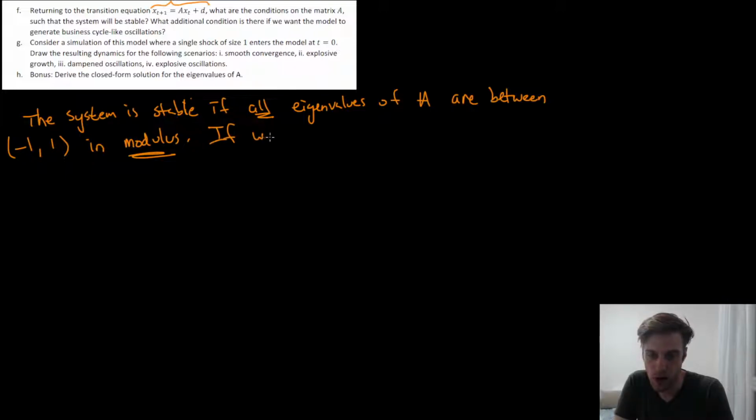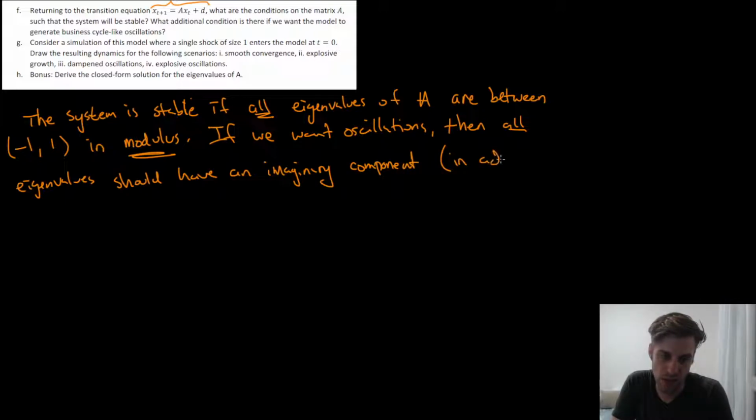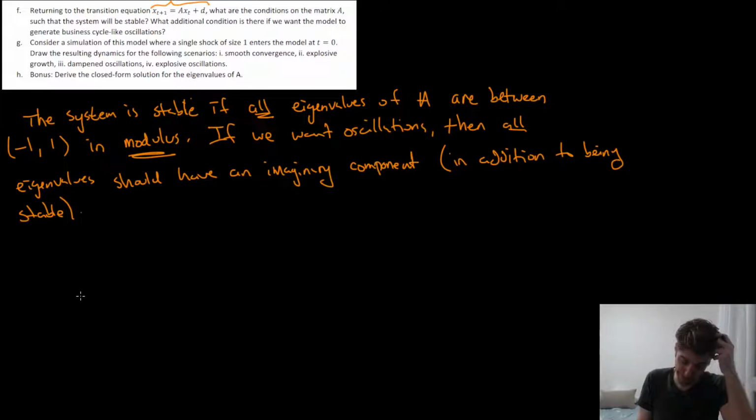If we want oscillations, then all eigenvalues should have an imaginary component, in addition to being stable. Okay? Because if they're not stable, then you don't have business cycles, you just have explosions.